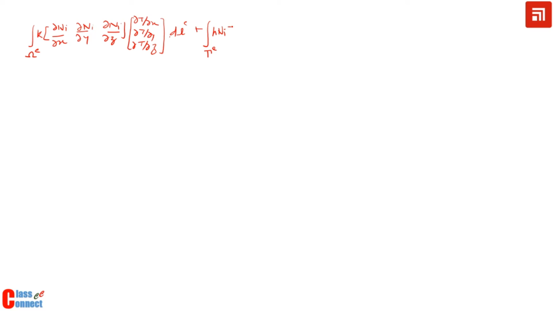I can take even H outside, d sigma on the boundary, and this is equal to minus integration of the element Q naught, that is the given heat flow on the boundary, Ni d sigma, plus again on the boundary, that is due to the convective heat transfer coefficient T infinity, that is the environment temperature, plus this is on the domain for internal heat generation.